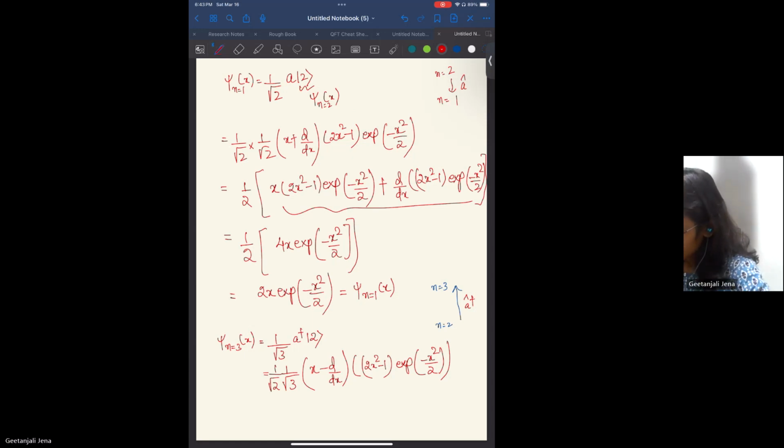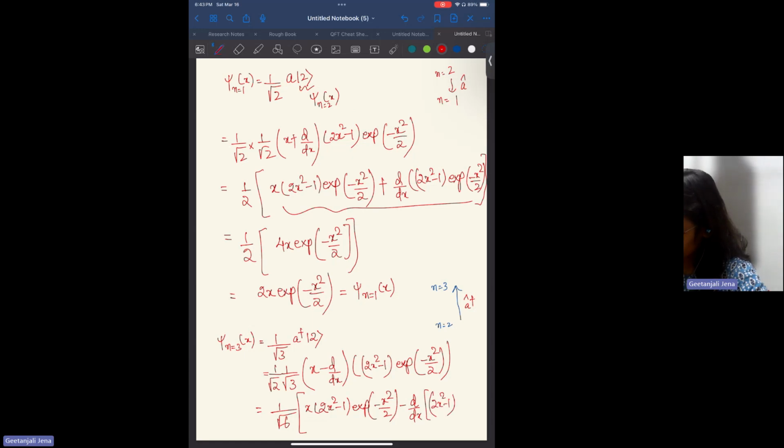Right? So now you have to solve this one. It is 1 over root 6. Then the x term will remain unchanged, and this is d by dx of 2x square minus 1 exponential minus x square by 2.